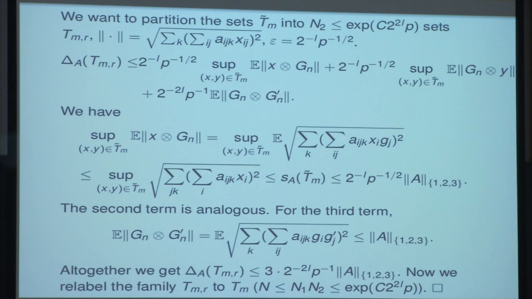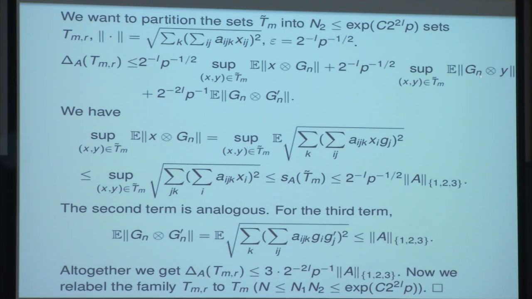And in the end, by calculating the expectation inside, you will have the summation over Gj, and the summation over i will stay inside with squares. So this turns out to be bounded by this SA parameter of the set. And we already assumed that this SA of t tilde m was small. This is what we did at the first step. So we get 2 to the minus L times 1 over square root of p here. You get another one from here. Altogether, you get the right power.